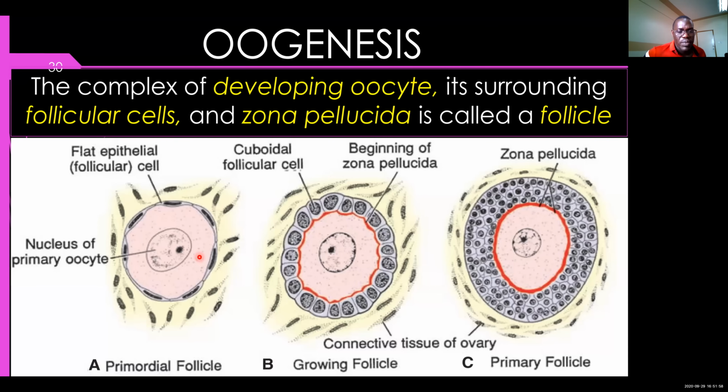The complex constituted by the oocyte, the surrounding follicular cells, and the zona pellucida is what we are calling the follicle, the ovarian follicle.